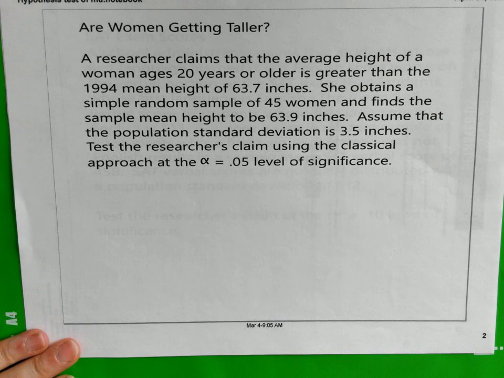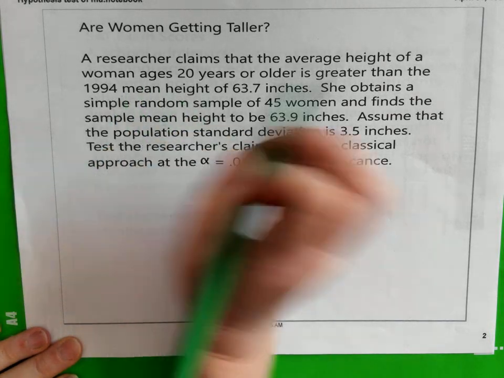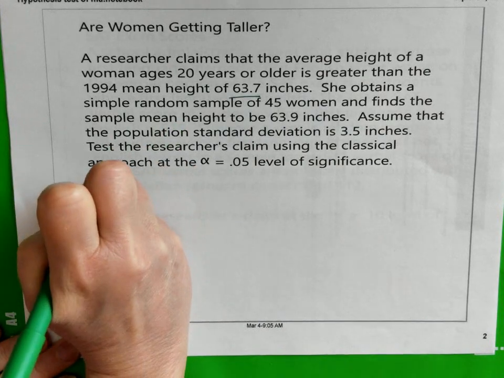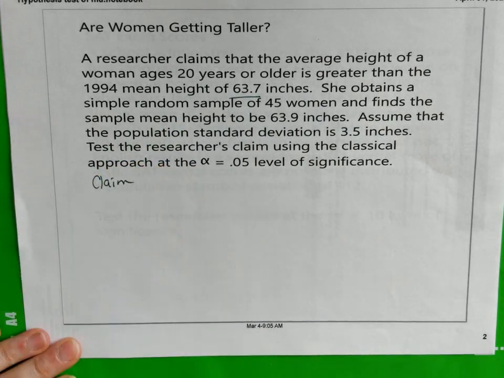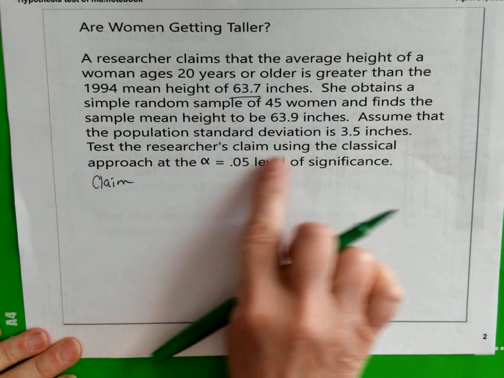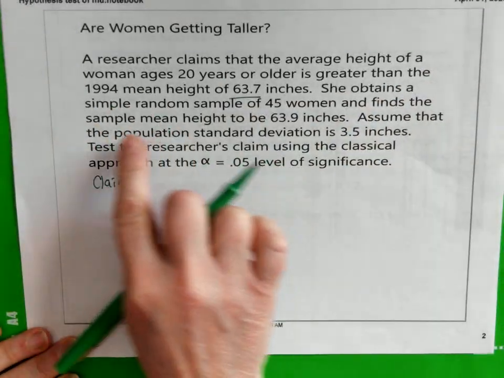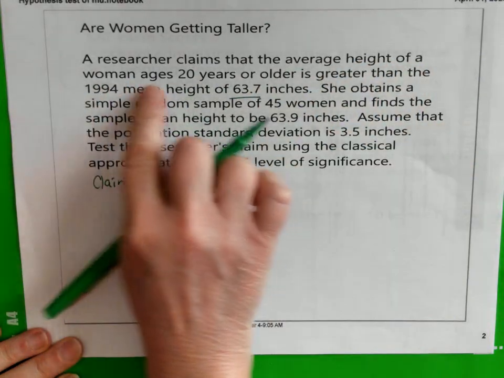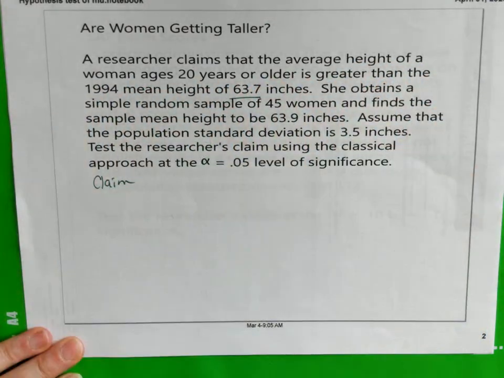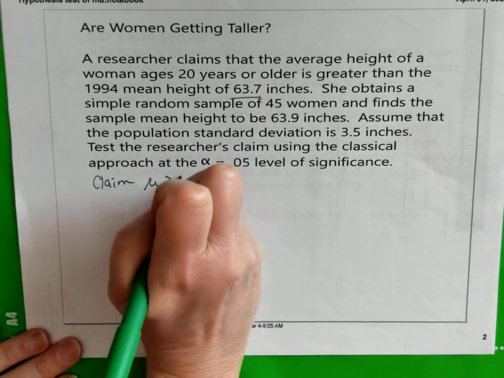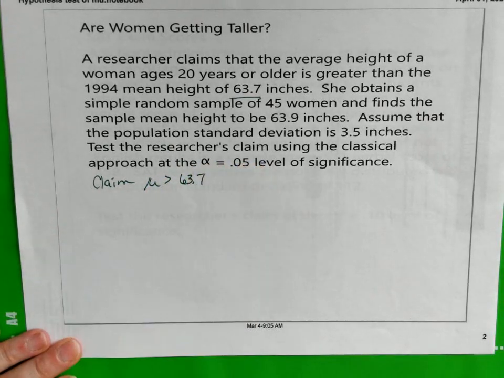Oh my goodness, we have lots of numbers here to pull out. So let's see. The height back then was 63.7. So that's the claim. Our claim is what? The researcher claims the average height of a woman is greater than that. So the claim is the mean is greater than 63.7.